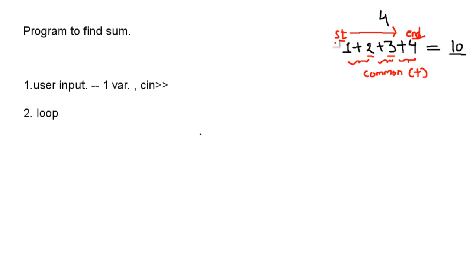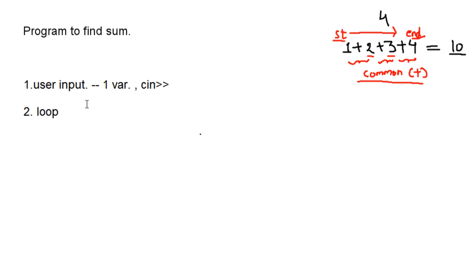That is what the loop is all about. A loop says I need some start, some end, and during each iteration the loop executes the common code, the common behavior. So this is our step 2.